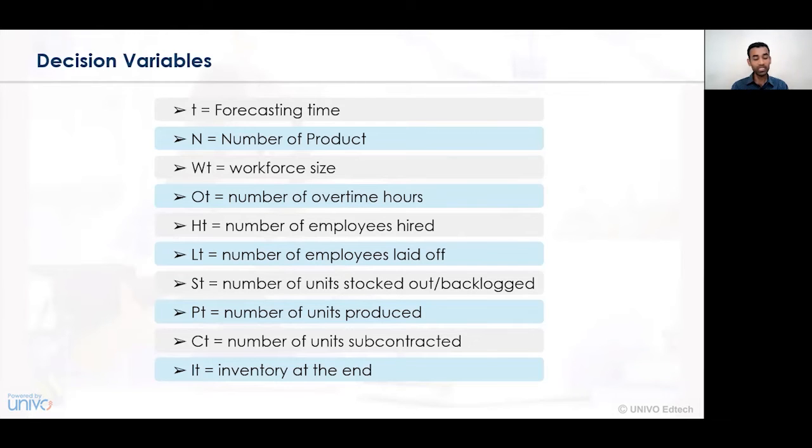The next variable is Ct, that is the number of units that are subcontracted. A certain activity may be conducted within the organization or outside the organization, and for those concerns, the subcontracting also needs to be assessed. And lastly, It, which focuses on the concept of inventory at the end of a certain period.